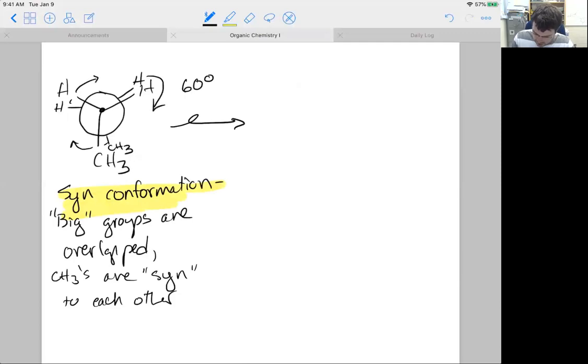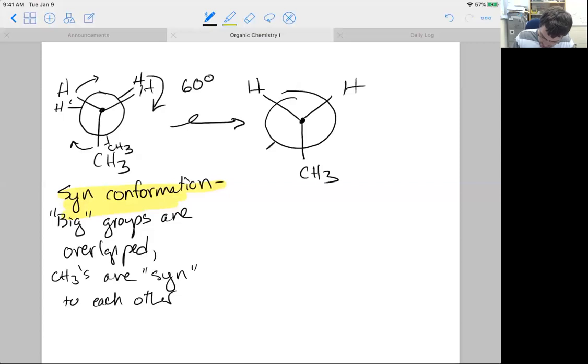60 degrees. Sigh of relief, we can get to another staggered conformation. Now the CH3 on the back carbon is pointing down and to the left. The rest are just H's, and we're at staggered again.